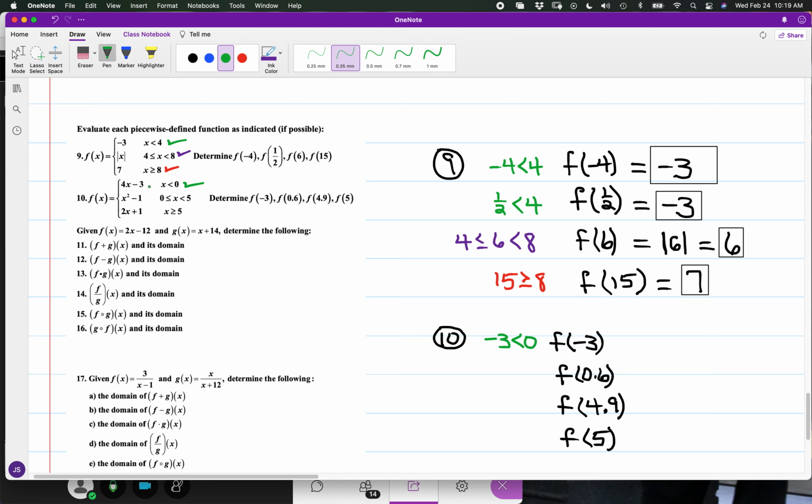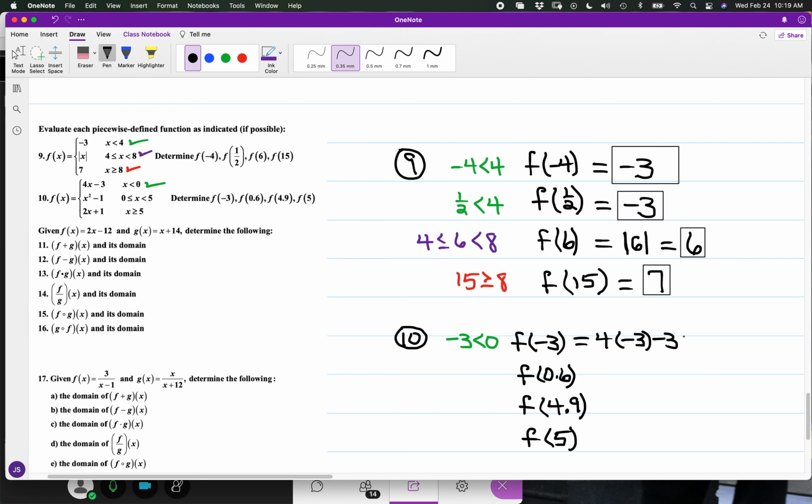So in this case, we have 4 times negative 3 minus 3. So you have negative 12 minus 3. Negative 12 minus 3 comes out to negative 15.